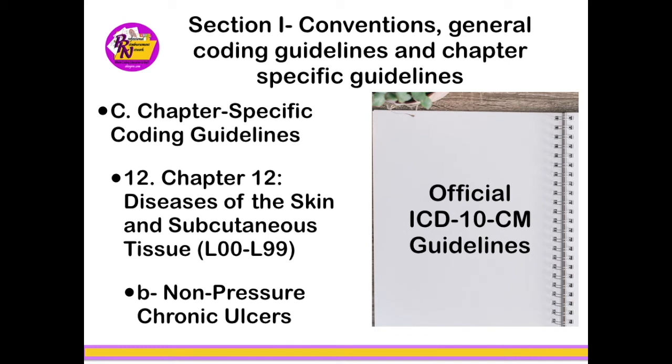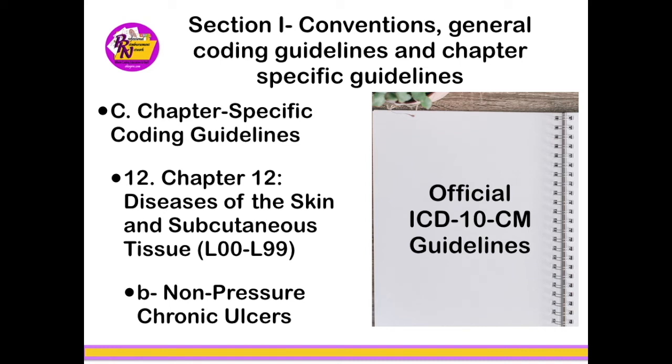Okay, so for the new guidance in non-pressure chronic ulcers, patients admitted with non-pressure ulcers documented as healed: no code is assigned if the documentation states that the non-pressure ulcer is completely healed. Patients admitted with non-pressure ulcers documented as healing: non-pressure ulcers described as healing should be assigned the appropriate non-pressure ulcer code based on the documentation in the medical record.